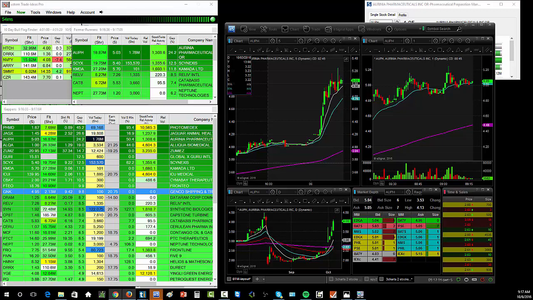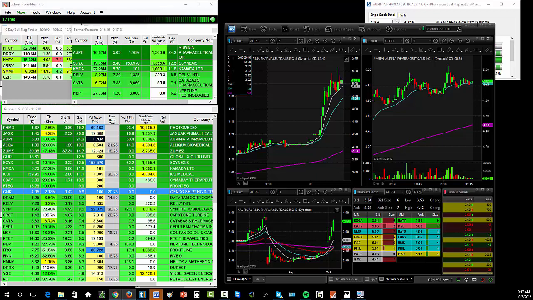You're going to have traders with a very strong short bias who say this thing is overdone, there's no way it should be priced at $5, it's going to fade, and they're going to be shorting it. Then you've got long bias traders who are going to be going long, and that creates a tug of war. It's not going to necessarily be the most clean setup in the first few minutes.